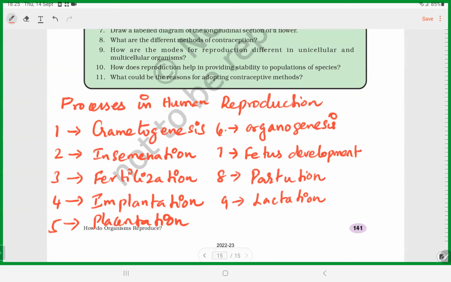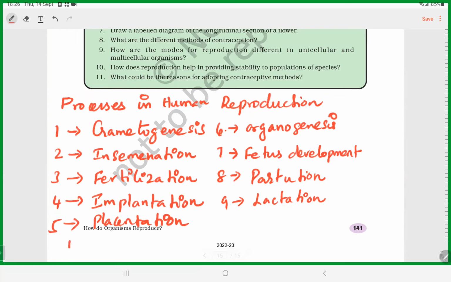Now you know what the processes are. And of course, after fertilization, the whole process covers three trimesters. How do they differentiate?